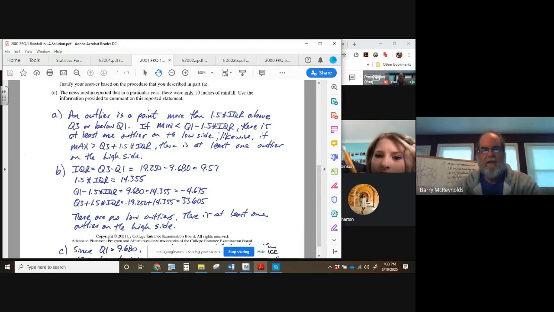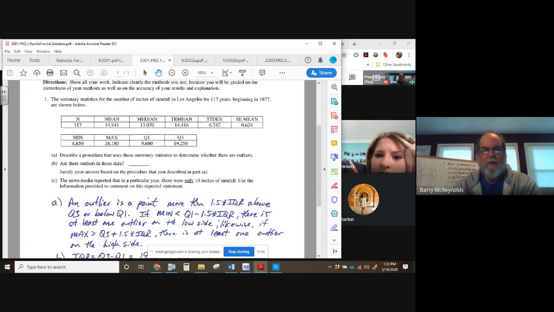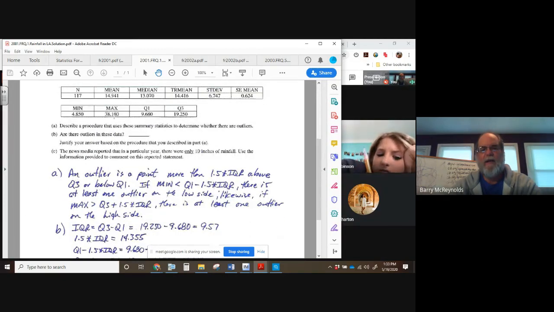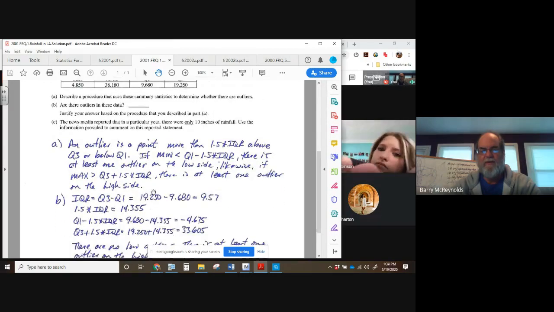But when we calculate this value, Q3 plus 1.5 times IQR, it's 33.6, which is less than the max. And so what that tells us is that there is at least one outlier on the high side. You know what this max point is, but there's a pretty big amount of rainfall between 33.6 and 38.2 inches.